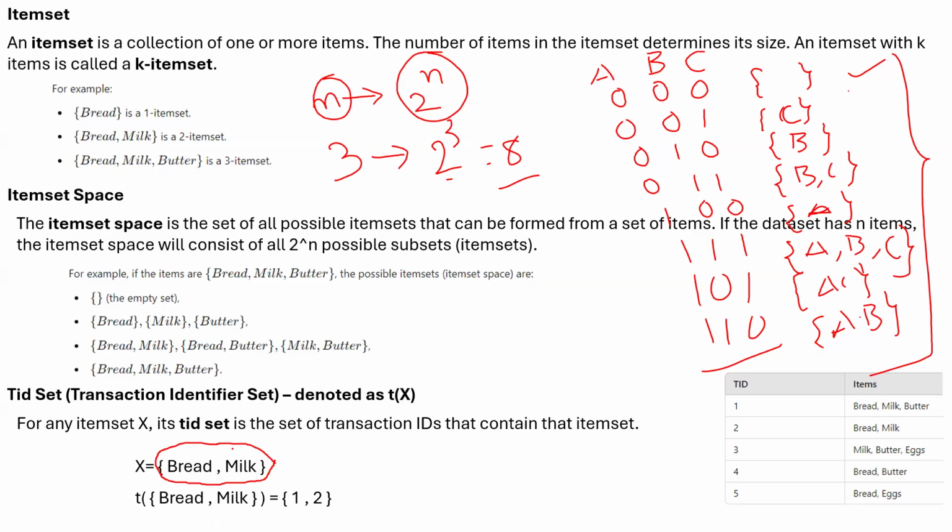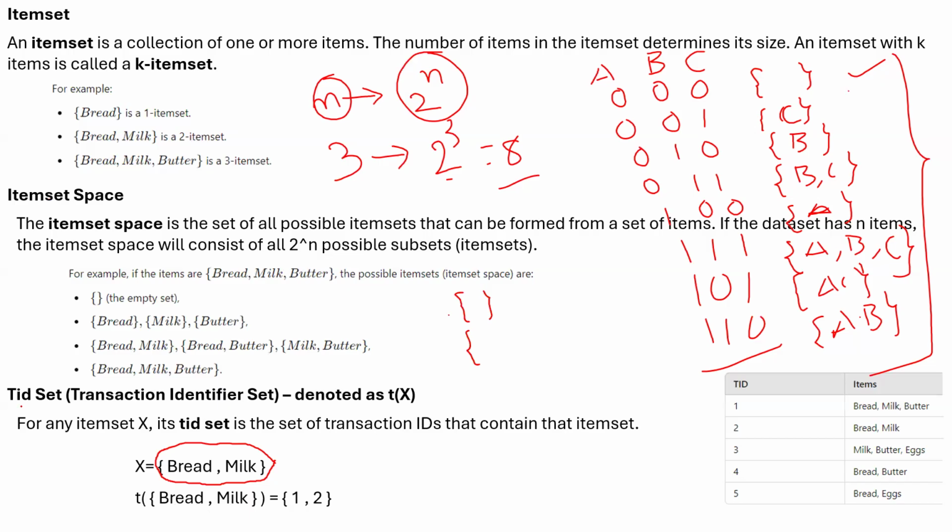So bread is an item, milk is an item, this is an item set. Item space is the possible combinations that we can create from bread and milk will be the item set space. Okay, if you are given only bread and milk, what are the combinations that you can create? One is empty set, one is bread, the third one is milk, and the fourth one is bread milk.